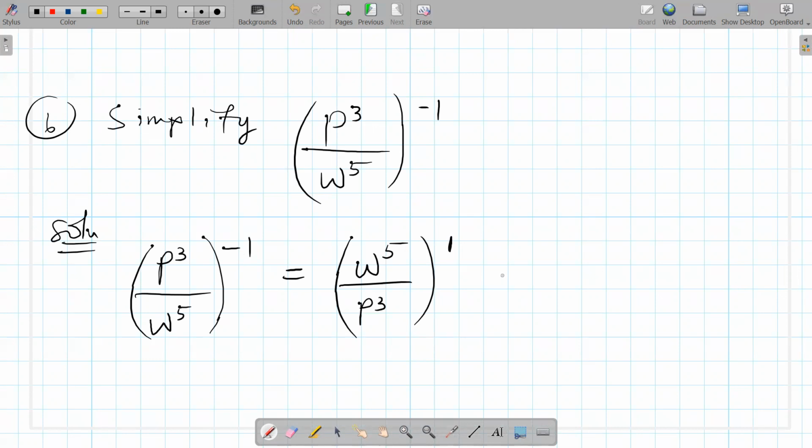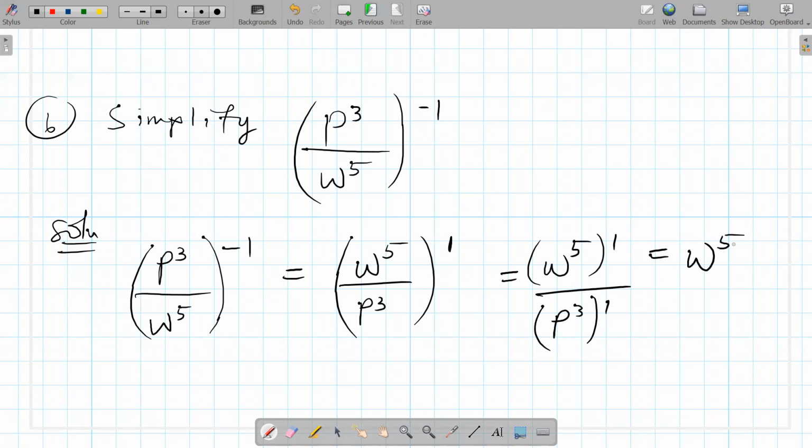And remember that anytime, whatever inside is affected by the power. So this is the same as I write that, and then the two powers multiply. 5 times 1 is 5. 3 times 1 is 3, so P to the third, and you are all set.